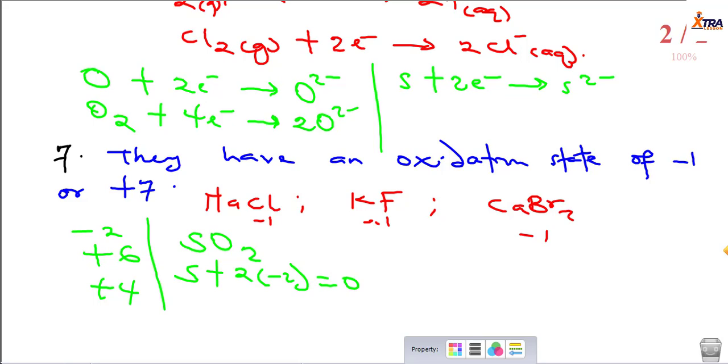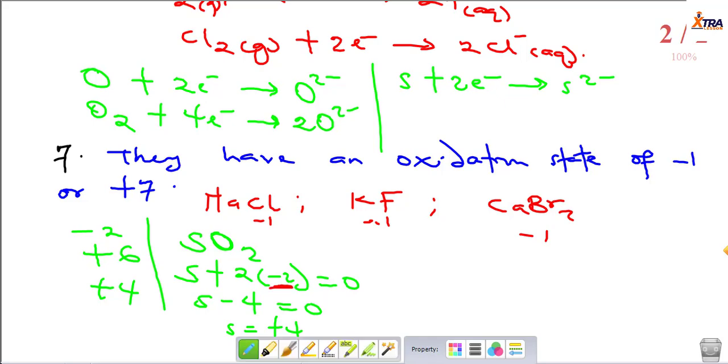Because it's a stable compound. We talked about this in oxidation and reduction. This gives -4, and this gives +4. So the oxidation state of sulfur here is +4, right? So you can see sulfur is a group 6 element, yet has an oxidation state of +4. Oxygen is a group 6 element here. It has an oxidation state of -2, right?